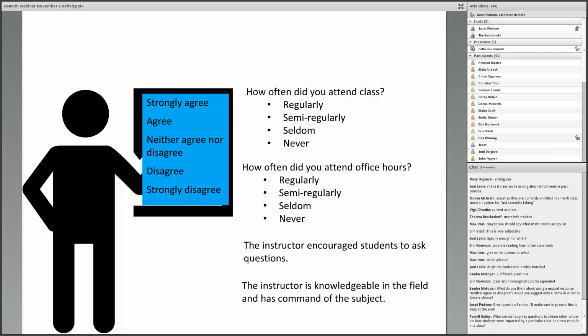Perfect. Then we have, are there, that you know of, metrics in place for judging the quality of a survey? I'm not sure exactly what you mean by metrics.